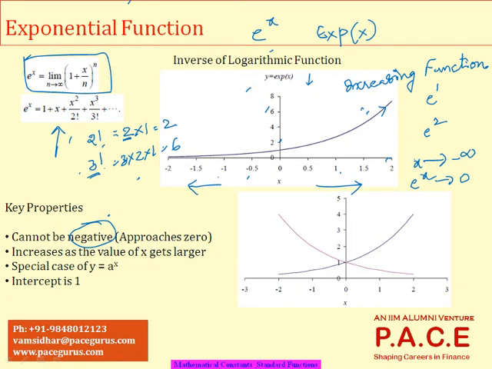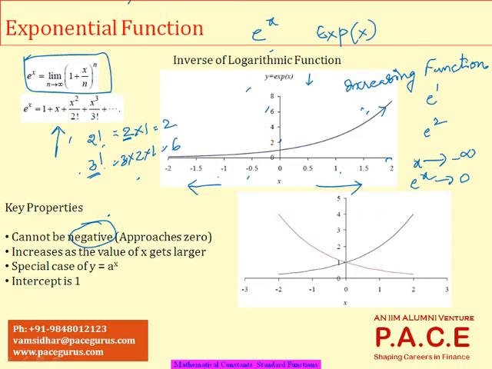Only when a particular value becomes both negative and positive, only when both the signs are available, then only will it cut the x-axis. But in this case, e to the power of x is always positive. At the worst case, it can come down to 0, which means e to the power of x can never be negative, and also it does not cut the x-axis at all.